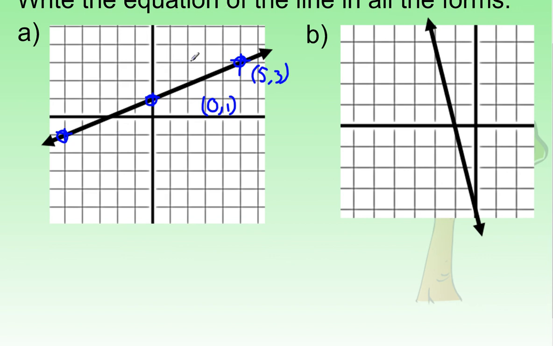Or you go from this point here to this point here. How far up or down would you have to go? Well, you would go up 2 boxes. And then how far to the right do you go? You'd have to go over 1, 2, 3, 4, 5 boxes. So the slope of this line is up 2 over 5.